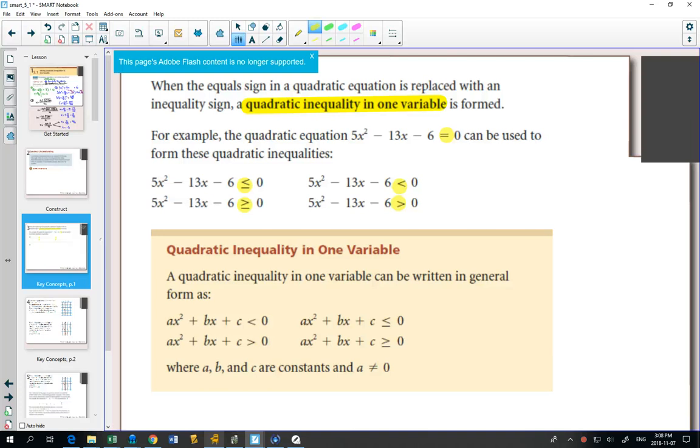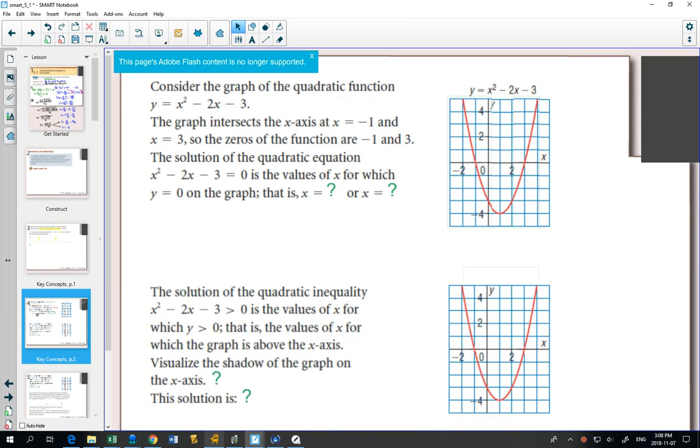So if I look at 5x squared minus 13x minus 6, which we had solved before, well, they've got their own example. We'll look at the example that they have so it matches with your note. If you take x squared minus 2x minus 3 and made it equal to 0, that would be one that factors nicely: x minus 3 and x plus 1 equals 0.